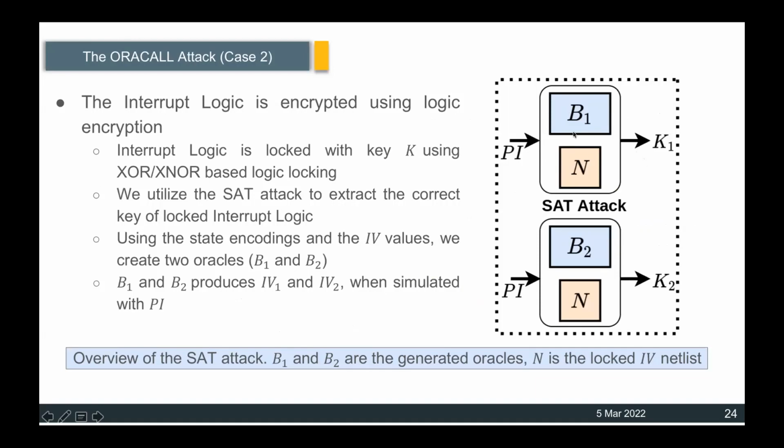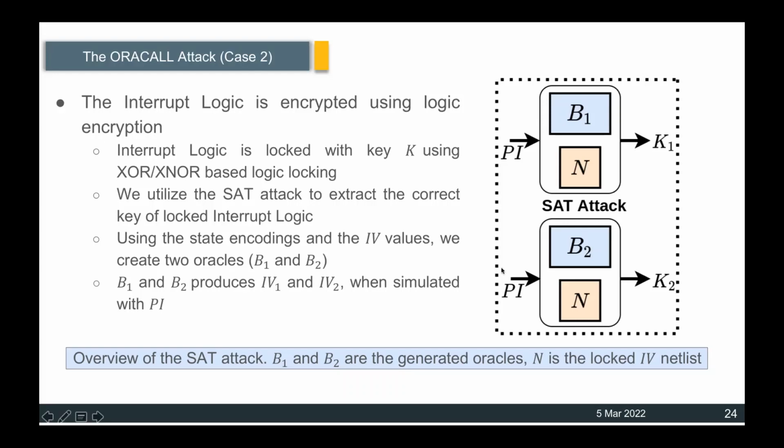Now with these two possibilities, the B1 circuit and the B2 circuit, you feed them into a SAT solver, and the idea is that this SAT solver will produce a key which is either K1 or K2, and you just match with one of these keys. So this again allows you to perform this attack just like we previously did.